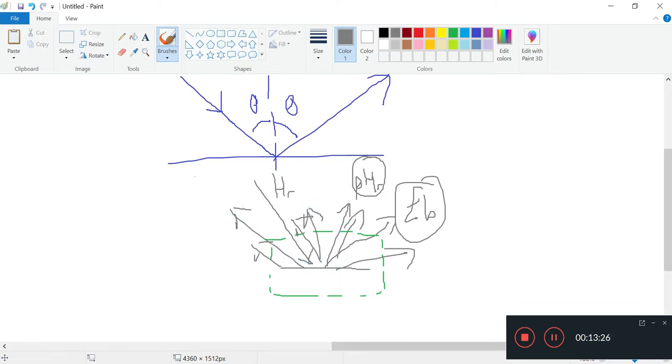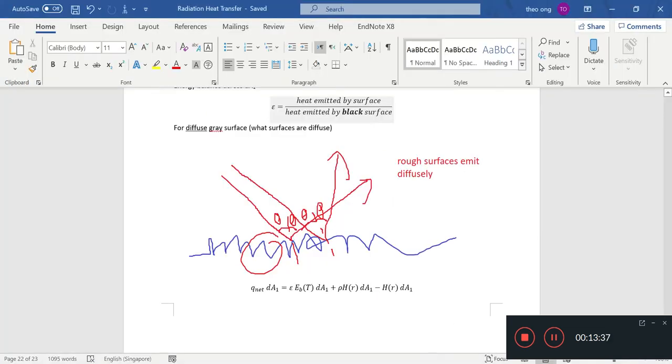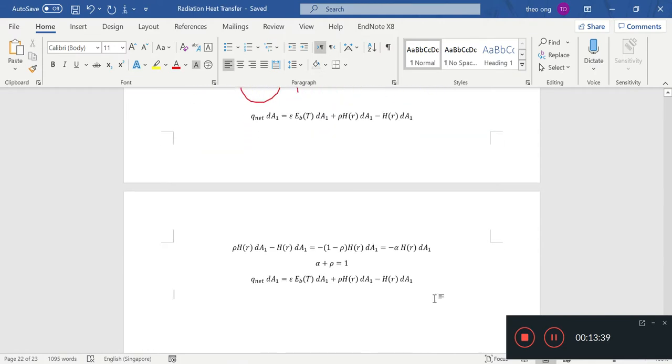So we can't actually differentiate between emitted radiation and reflected radiation because it is diffuse and it is gray. So a convenient thing for us to do is to combine both of these terms, the emission term and the reflected term, into this term called radiosity.